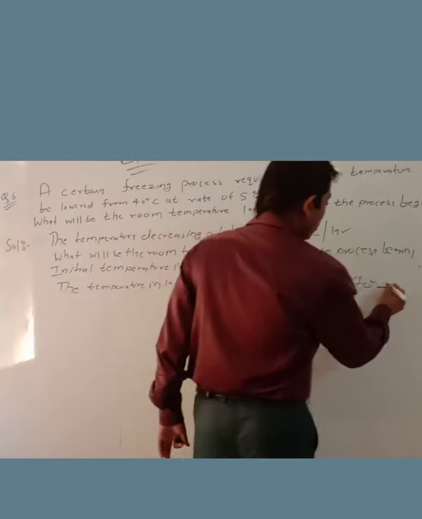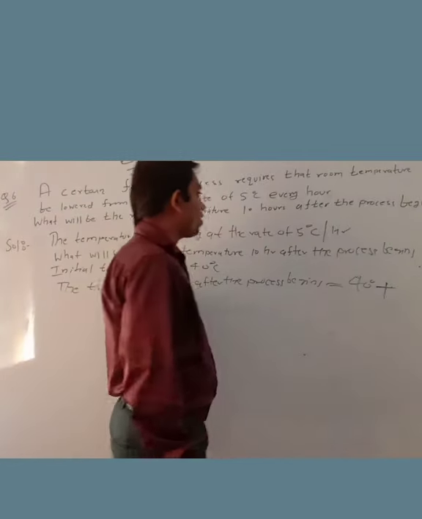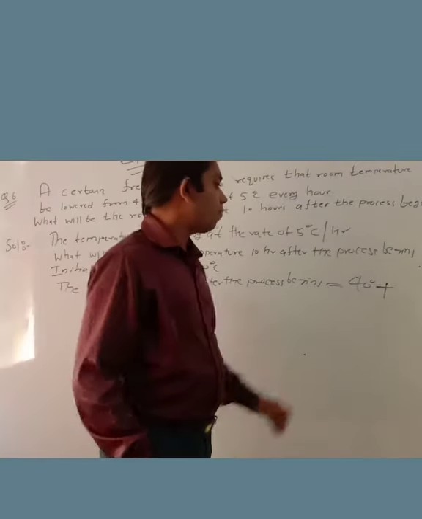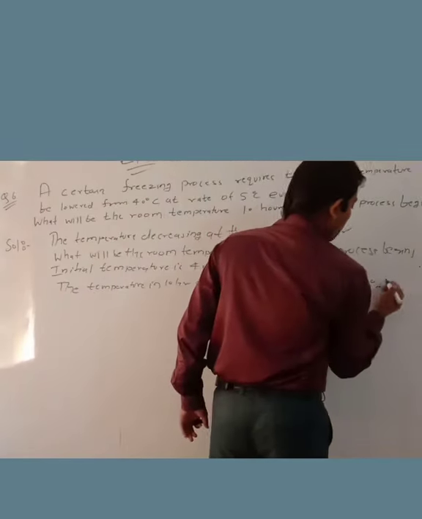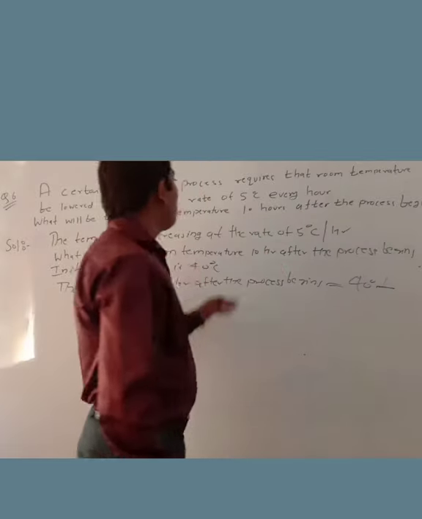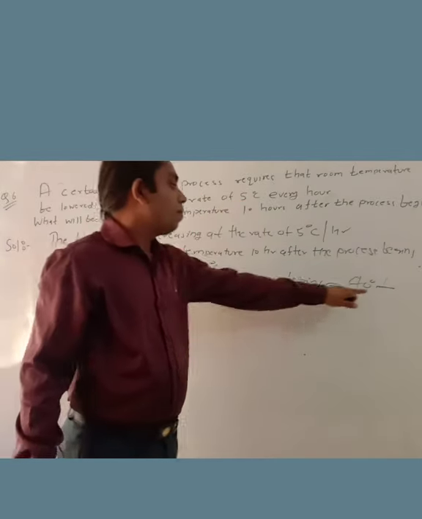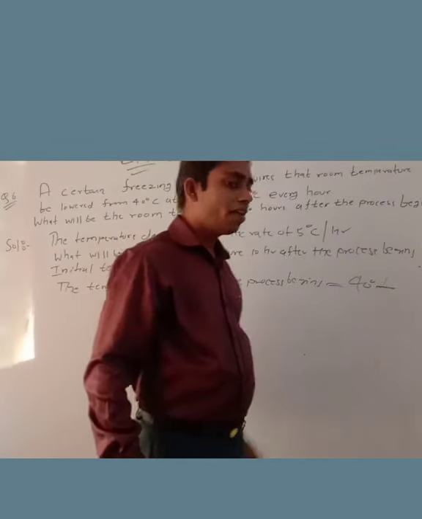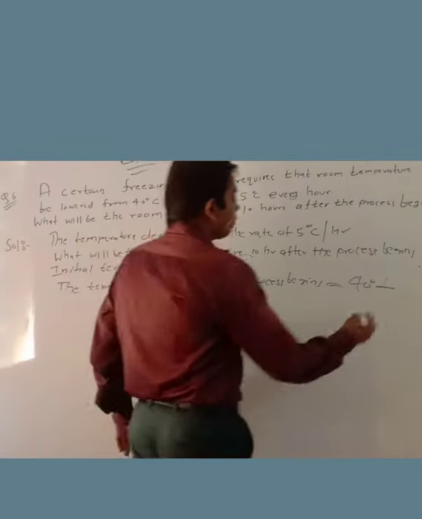So here what is happening, my dear students? Temperature is decreasing. Temperature is decreasing means what? We have to multiply with minus. Minus sign indicates temperature decreasing by 5 degrees Celsius.